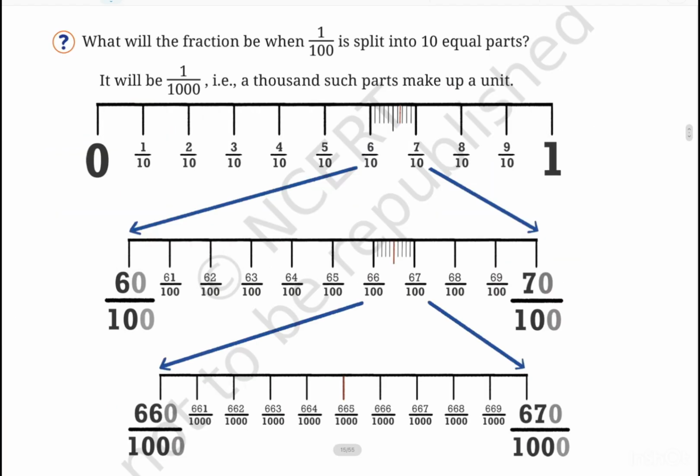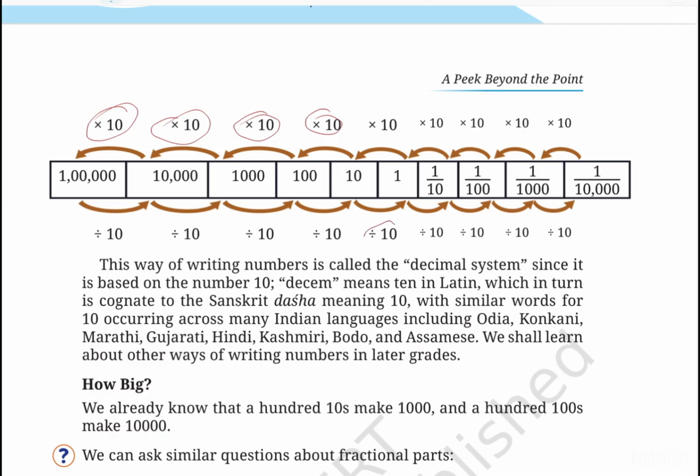So in general we can see that the unit from 0 to 1 is divided into 10 equal parts, then we get tenths, and then each tenth is divided into 10 equal parts, we get hundredths, and again the hundredths can be divided into 10 units, so we get thousandths. If we divide tens, then we get the decimal parts.